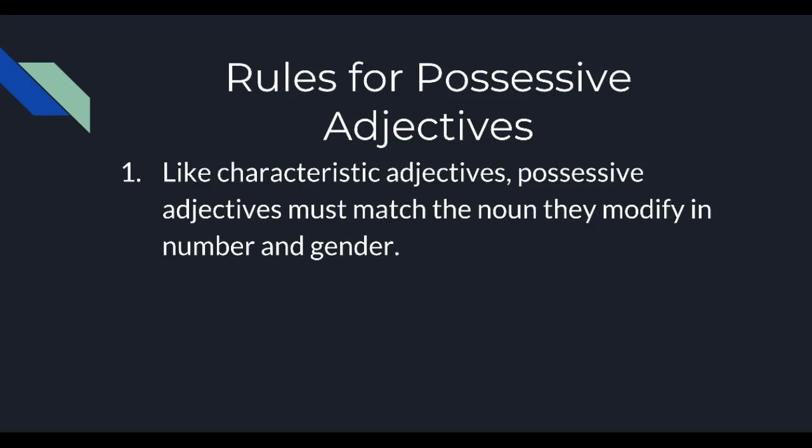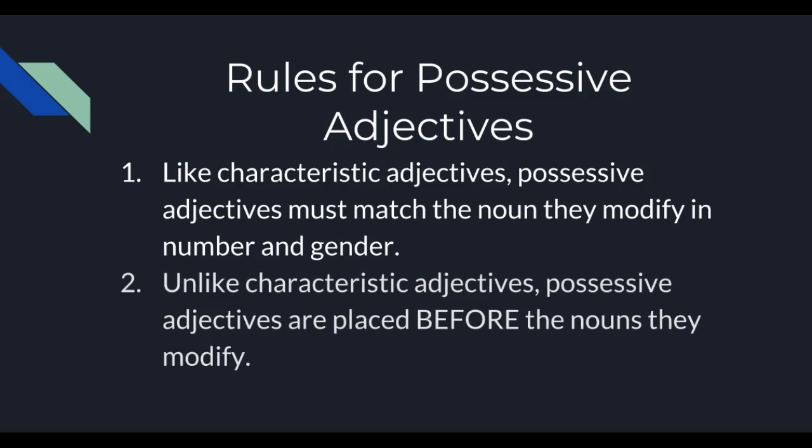You know now that when I say number, I mean that if the noun is singular, the adjective must also be singular. If the noun is plural, the adjective must be plural. And with gender, you have to consider whether the noun is masculine or feminine, and then make your adjective match accordingly. The second rule is that unlike characteristic adjectives, possessive adjectives are placed before the nouns they modify. You're used to putting the adjective after. These particular types of adjectives are going to go before.